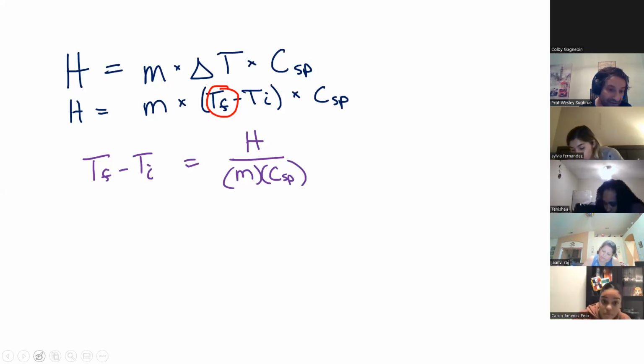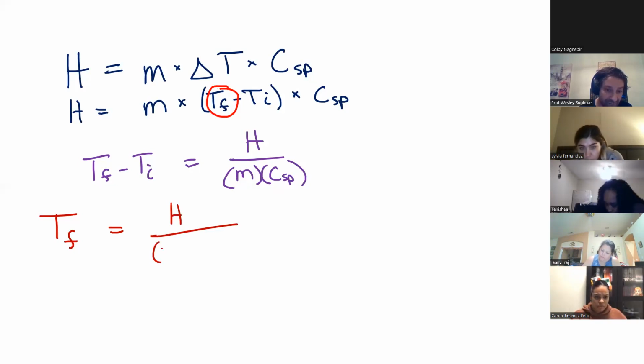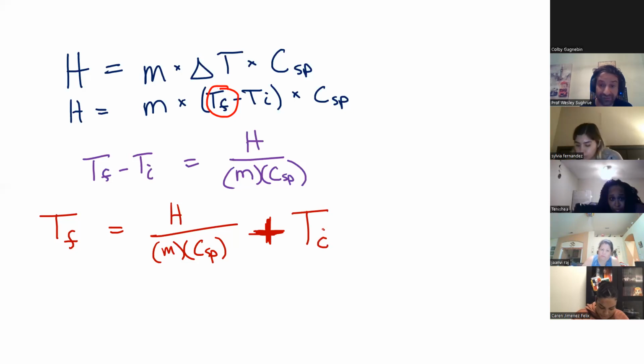And then finally, let's isolate final temperature and get that as heat over mass times specific heat capacity plus, because we'll add to both sides, it's plus. We're adding to both sides the initial temperature.